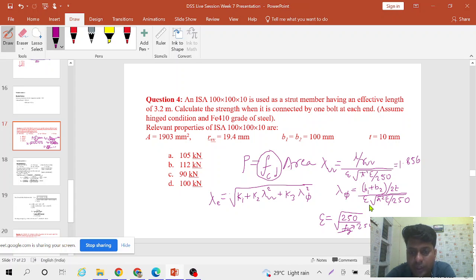Take your time and calculate. 1.779? No, please check your calculation once again. What is the value of B1 you have taken? 100 and B2 100.